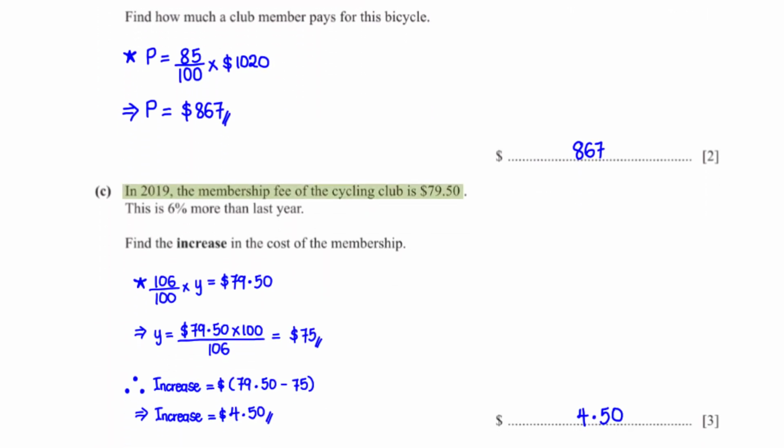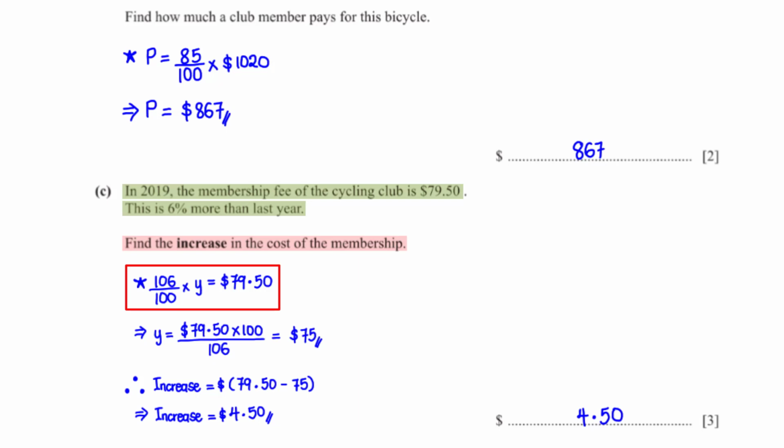In 2019, the membership fee of the cycling club is $79.50. This is 6% more than last year. Find the increase in the cost of the membership. If we represent the fee for last year with Y, then we have 106% of Y equals $79.50.